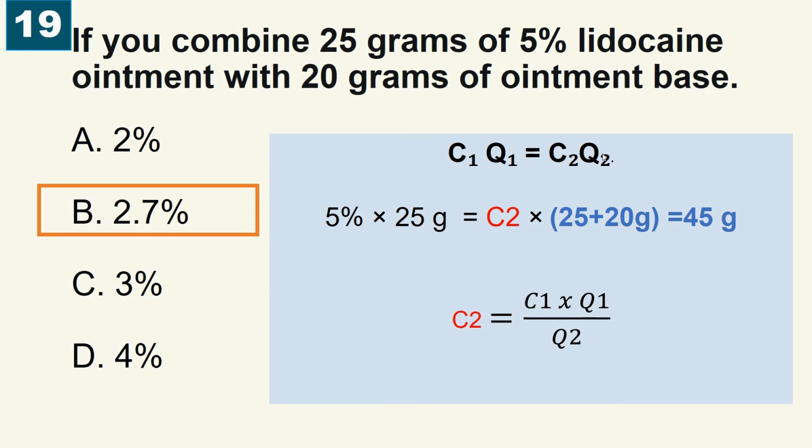So you use C1 Q1 equals C2 Q2. Here you have two quantities, 25 grams and 20 grams, and you have C1. The only thing missing is C2. So C2 equals C1 Q1 divided by Q2.